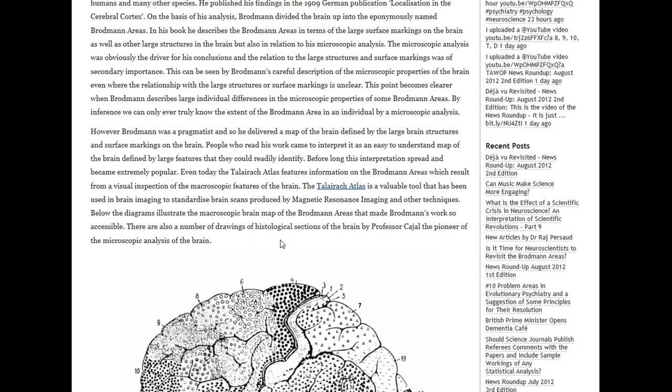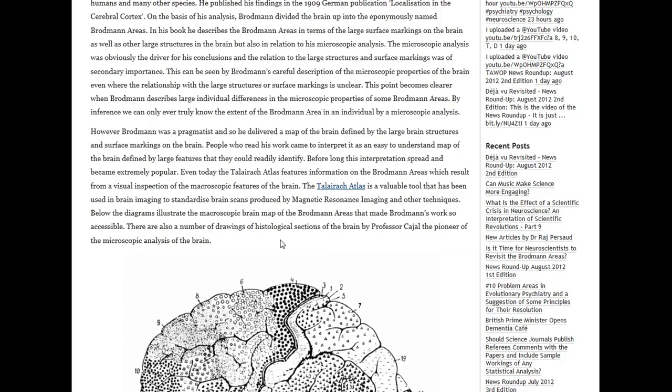When you read the post, you'll see I've spent a little bit of time giving a background on what Brodmann was doing. To cut a long story short, he analysed the brain using a microscope.